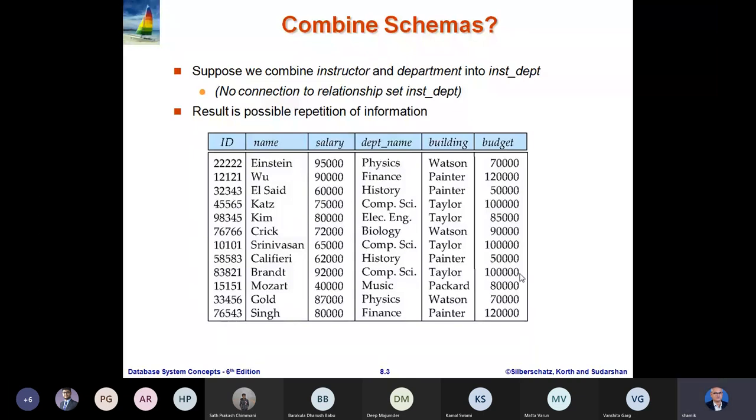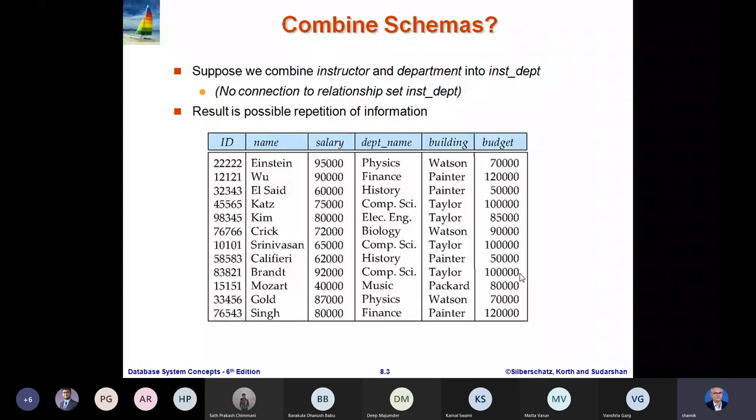Now, of course, here we are assuming that the building name, say, is unique for a department name, and also the budget is unique for a department name. Okay. So if we assume that, then we see that this physics Watson 70,000, or this building name Watson and budget of 70,000 for the physics department, is repeated for every occurrence of an ID and a name for instructors. Okay, and same for some of the other department names, buildings, budgets.